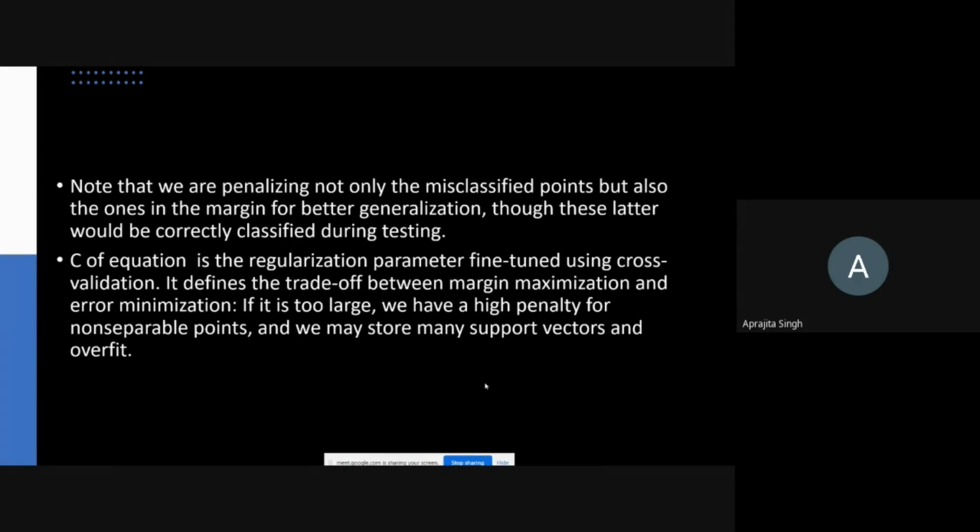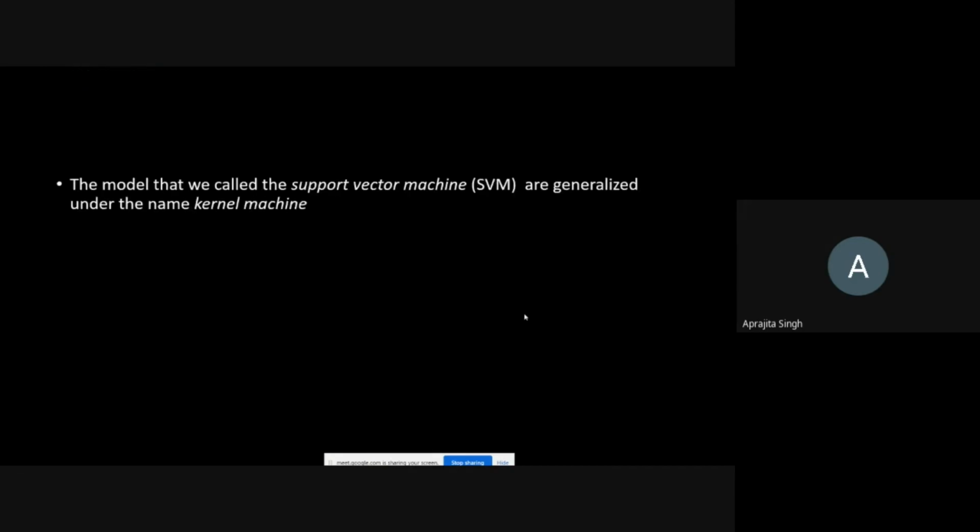It defines the trade-off between margin maximization and error minimization. If the C value is too large, we have a high penalty on the non-separable points, and we may store many support vectors and overfit.